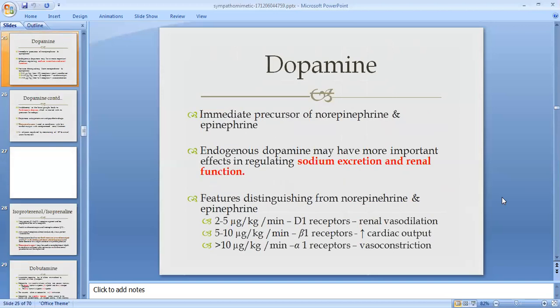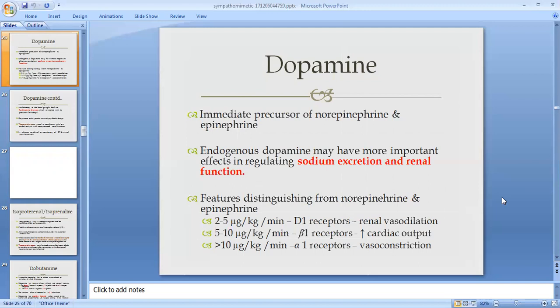Next drug is dopamine. Dopamine is also an endogenous catecholamine, and it is like norepinephrine. An important feature of dopamine is its dose-dependent action.